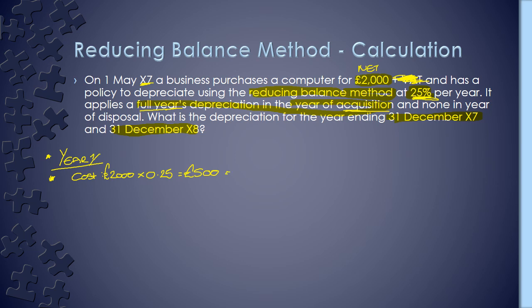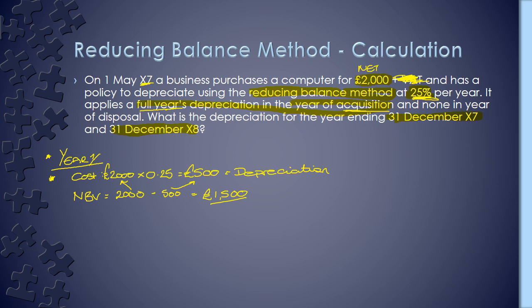This is then our depreciation amount for year 1, which means our new net book value, or our new carrying amount, that's the other term you might see, is going to be equal to 2,000, which is the cost of our asset, minus the depreciation that we've just applied, and that gives us our net book value of £1,500.